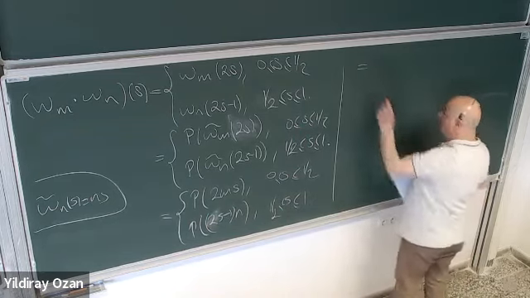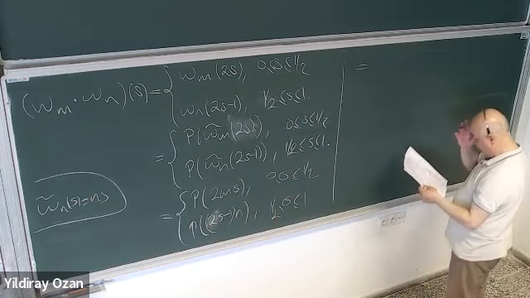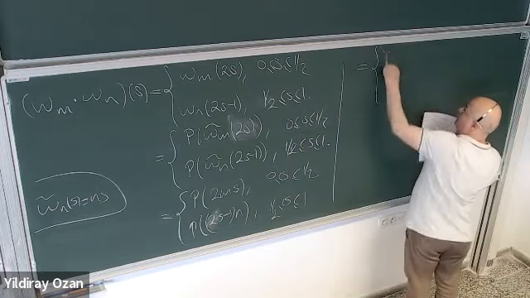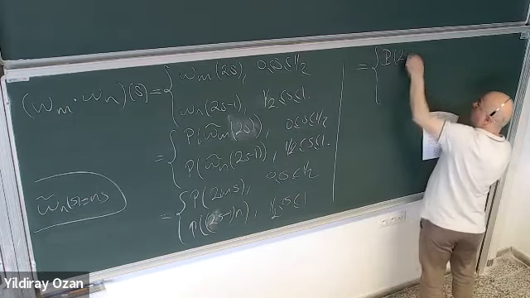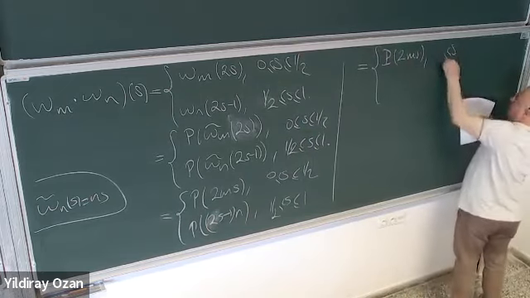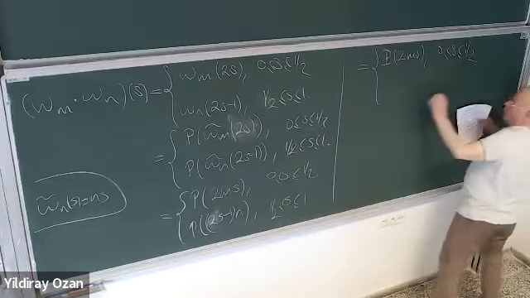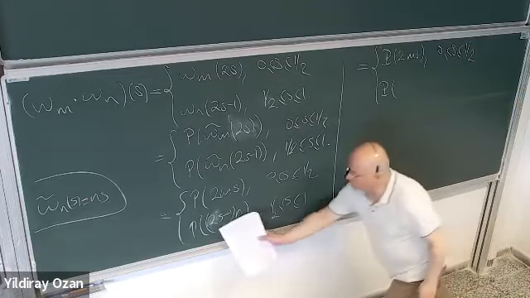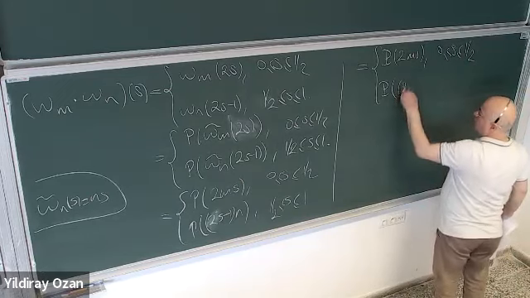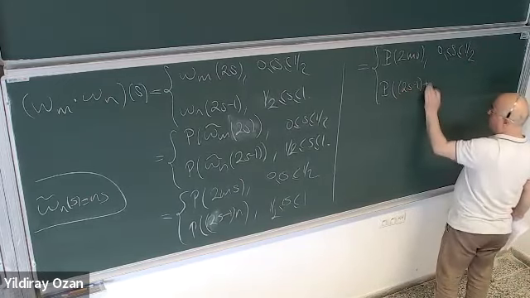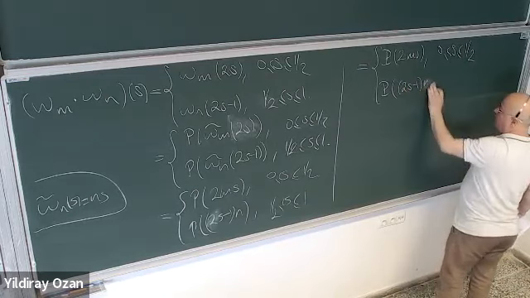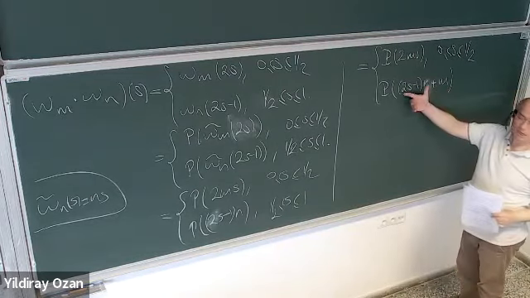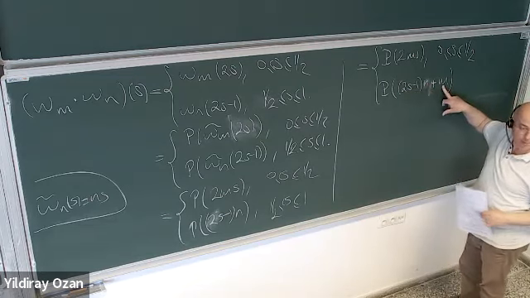And that is equal to what? I can proceed as follows. This is P of 2ms if s is between 0 and 1/2. And here I write the following. Instead of this, I will write 2s minus 1 times n plus m. So inside P, I will just add m here, okay?